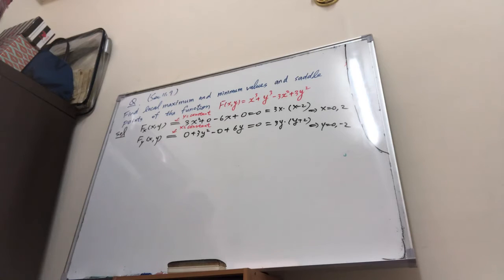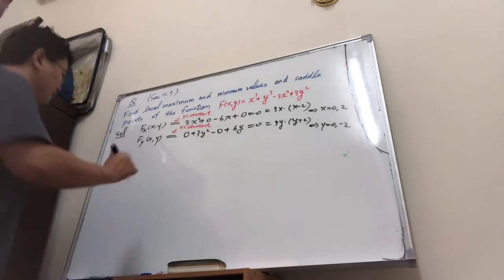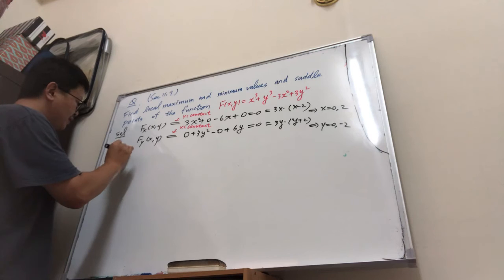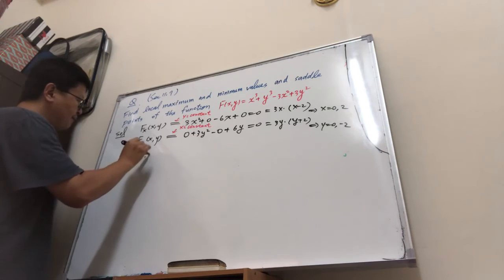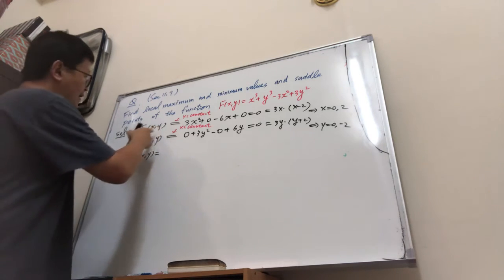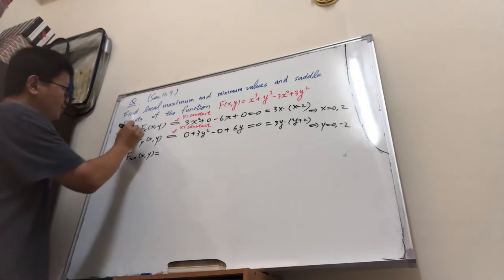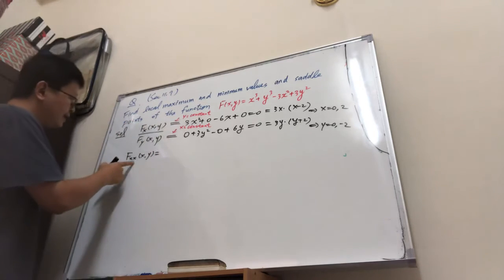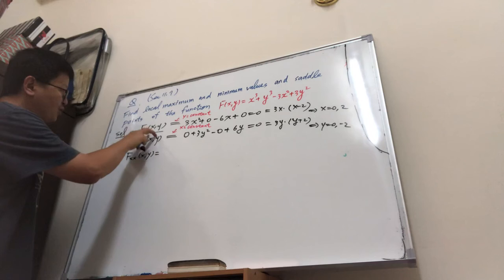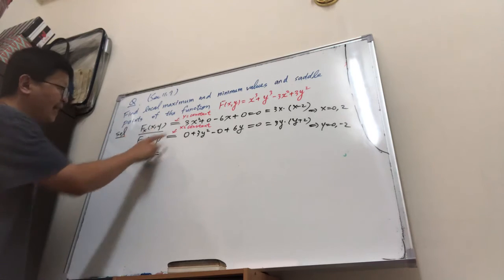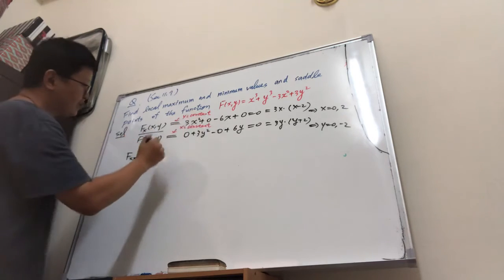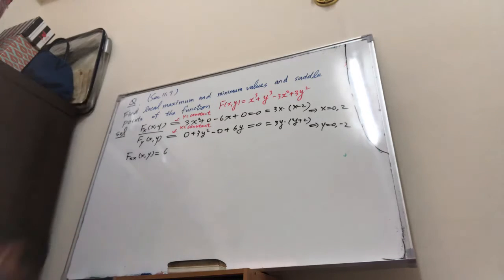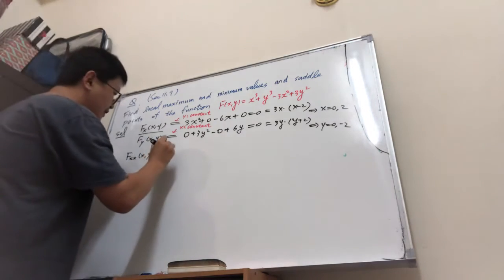Okay, so now we could check which point has the local maxima, minima, and the saddle point. But before that, as we said, you should check its determinant. So you should consider the second partial derivatives. The partial derivative by x of this function is 6x minus 6.